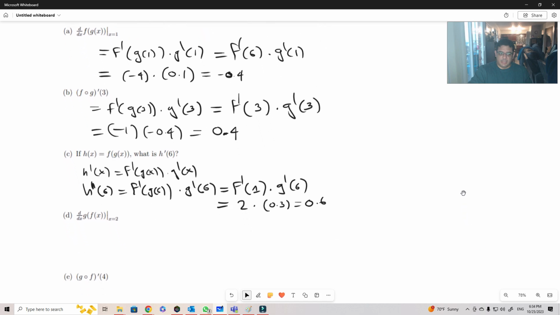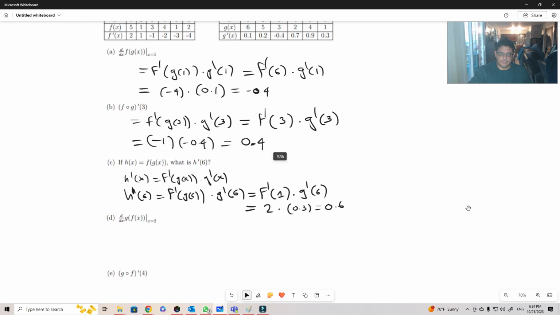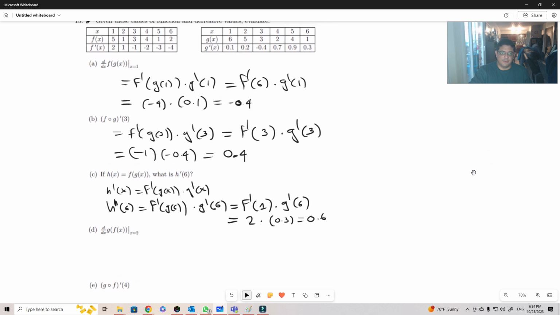Now I can do the same thing, but I can talk about the reverse order. So I'm doing here mostly f compose g, but there's nothing that says that I cannot do g compose f. So if I follow this rule here, this derivative is going to be g prime of f of 2 times f prime of 2.